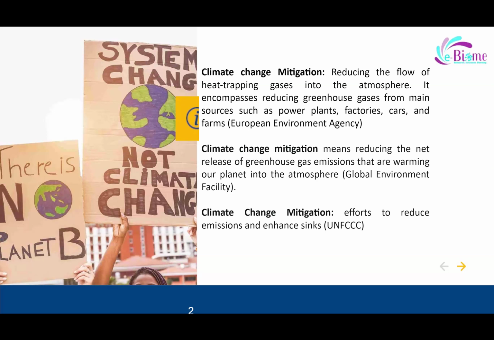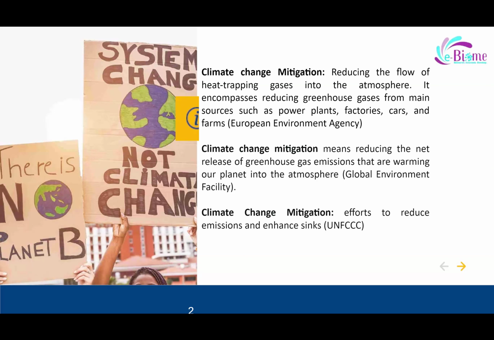And then the UNFCCC also explains that it is efforts to reduce emissions and enhance sinks. So essentially, what these three definitions are saying is that climate change mitigation is simply efforts to prevent the release of greenhouse gases into the atmosphere, and then at the same time generate more sinks that are able to absorb these greenhouse gases from being released into the atmosphere.